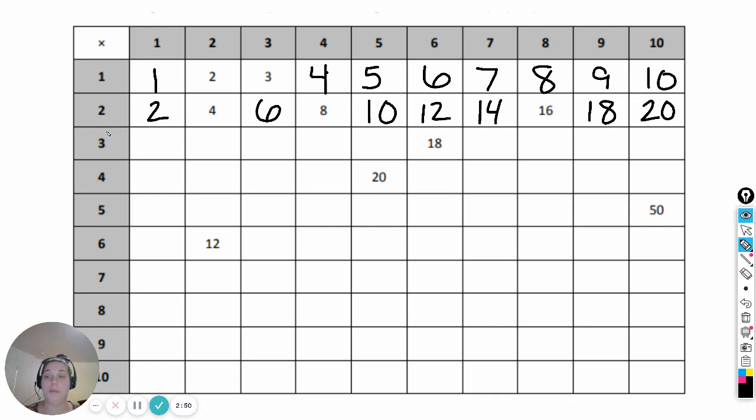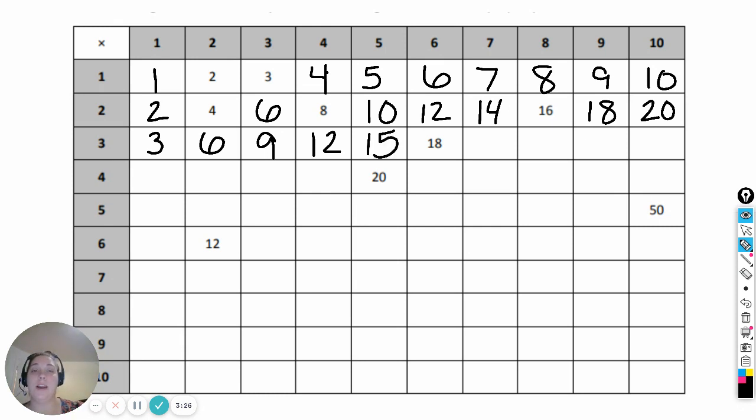The next one we're going to do is 3's. If you don't have your 3's memorized yet, remember, you can always just count 3 fingers. So the first one's going to be 3. And then you could count 4, 5, 6, 7, 8, 9, 10, 11, 12, 13, 14, 15.